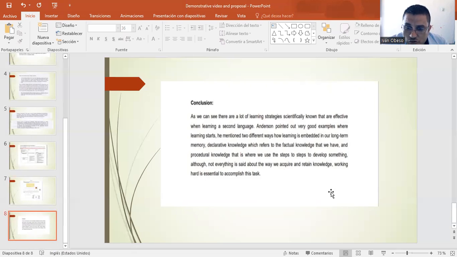He mentioned two different ways learning is embedded in our long-term memory: declarative knowledge, which refers to the factual knowledge that we have, and procedural knowledge, where we use steps to develop something. Although not everything is said about the way we acquire and retain knowledge, working hard is essential to accomplish these tasks.